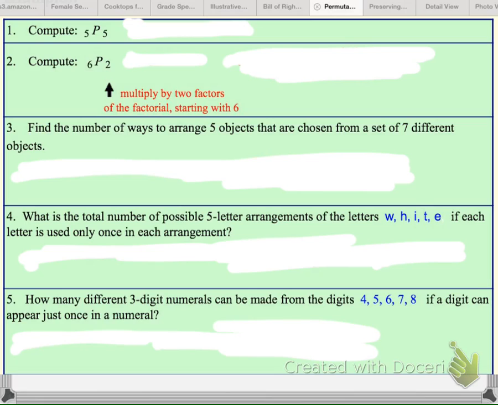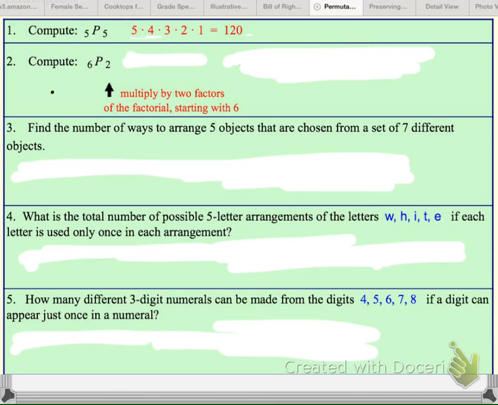So it says to compute 5P5, and I want you to remember that that means you have 5 things, and they're asking you to arrange 5 ways. I'm going to show you what that would look like.